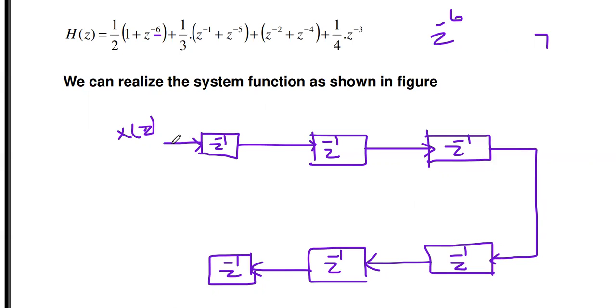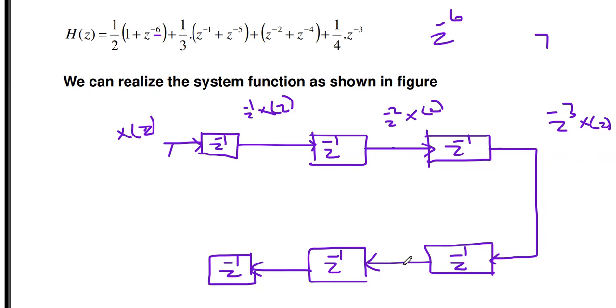So here x of z is available at this point. At this point, z inverse into x of z. So the output of the first delay is nothing but z inverse into x of z. What is the output available at the second delay? z power minus 2 into x of z. At the third delay? z power minus 3 into x of z.